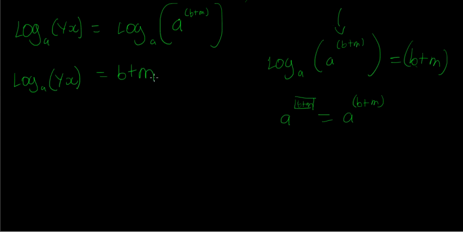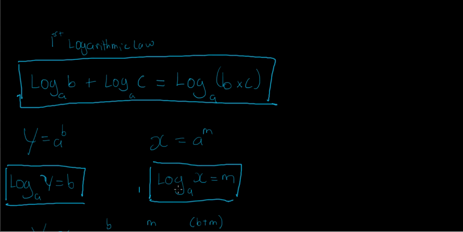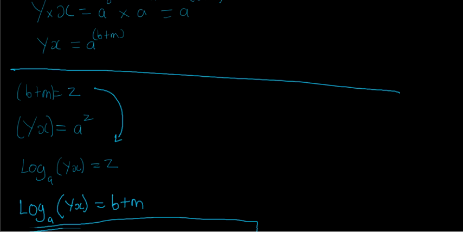I like to think of it like this. Remember how we have b plus m? Well, log to the base a of yx. Instead of writing b, I can just write log to the base a of y. Instead of writing m, I can just write log to the base a of x, based on what we had collected over here. Log to the base a of x is m, and log to the base a of y is b.